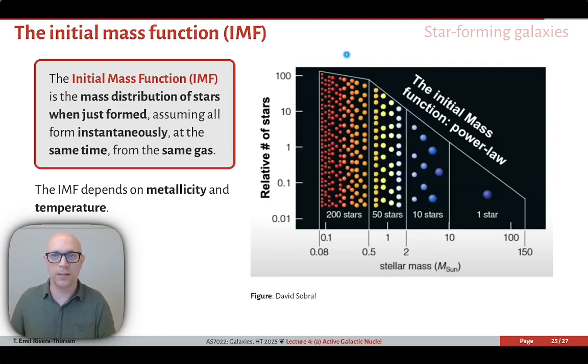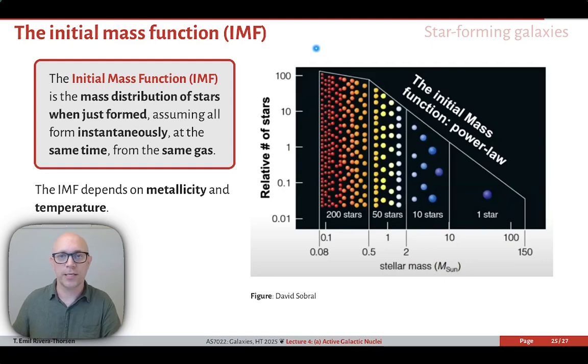What we see here on the right is a pedagogical illustration of what a typical initial mass function looks like. These are not accurate numbers, but they are accurate enough that they give you a good intuition for how they look.